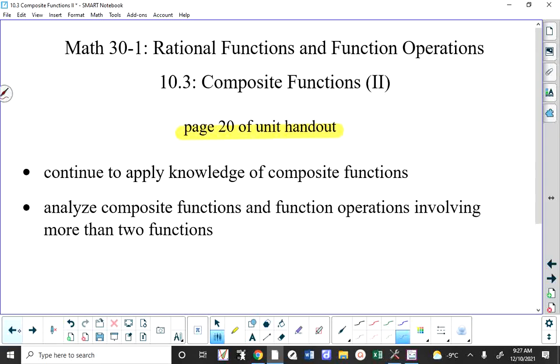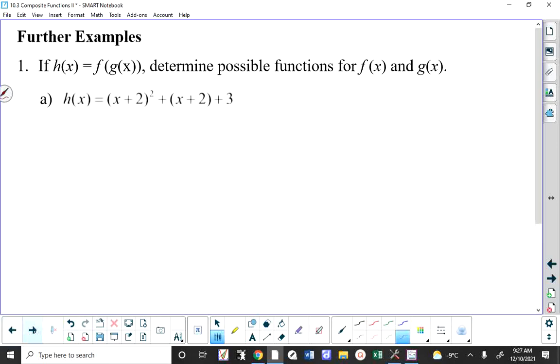And notice this second bullet is combining compositions with operations. Remember, operations of functions are when you add functions together or subtract them or multiply them or divide them. Whereas compositions are where you take one function and feed it into the second function, or possibly the third. So things are going to get a little more complicated.